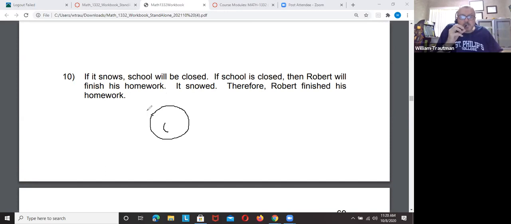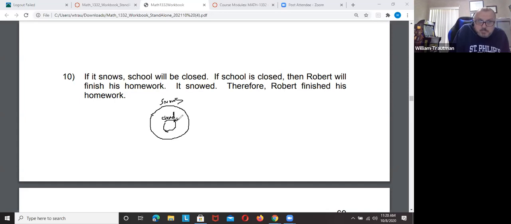We could also say all schools are closed if it snows. Same thing. So snows is up here, and I'm putting closed school. So if it snows, schools are closed. So that's the first one. We just did the first one.